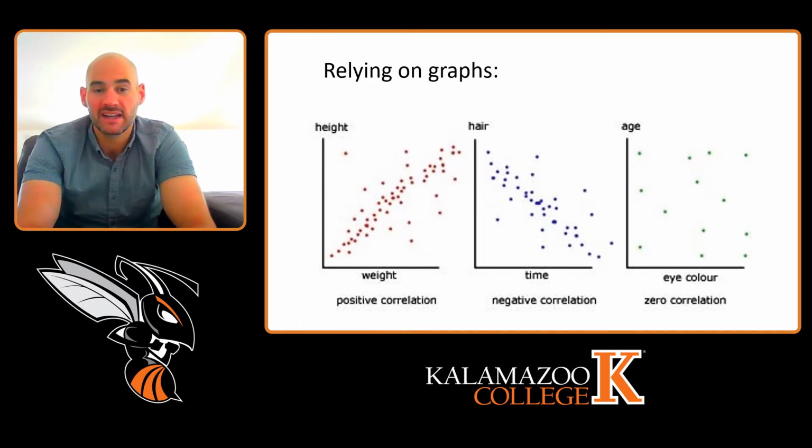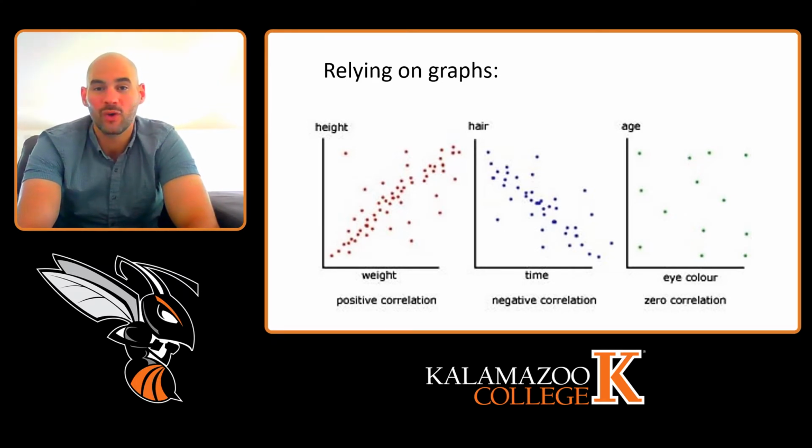Can we definitively tell that changes in one variable cause a change in another variable with these graphs? Based on these graphs, we can tell that height and weight seem to be positively related. Hair and age appear to be negatively related, and age and eye color have no relationship.